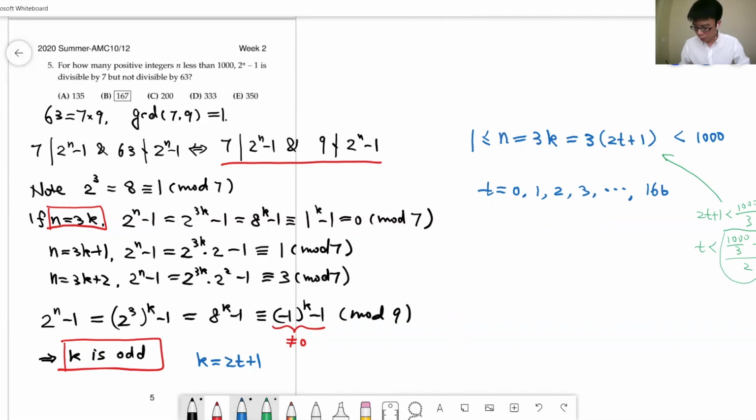This is like 333 point something minus 1. So the largest possible t is 166. Okay, so totally we have 167 valid n. So the answer is 167. Okay, that's the answer.